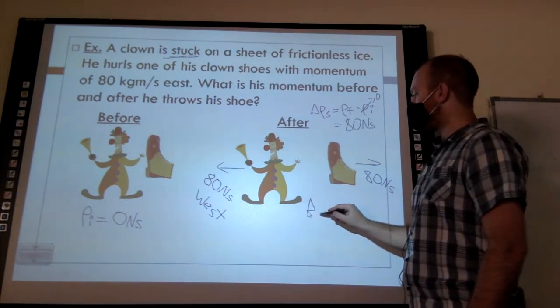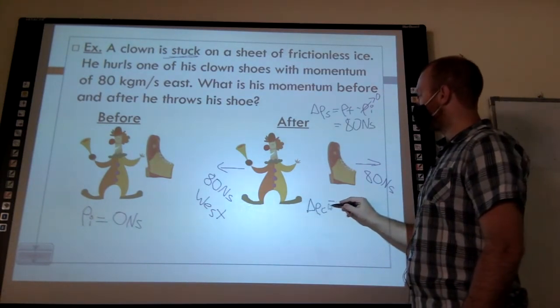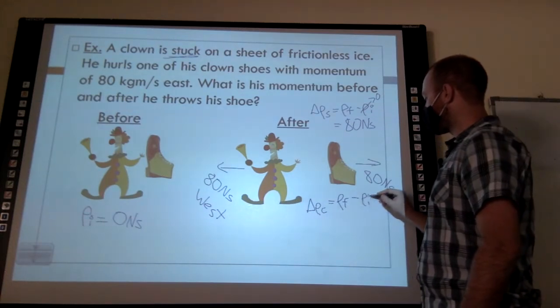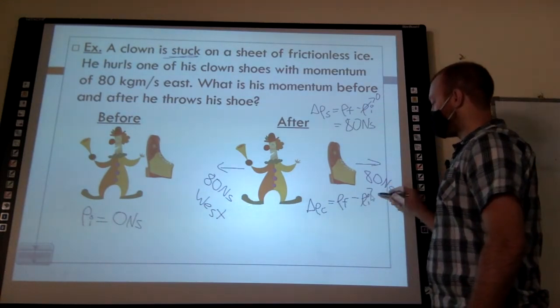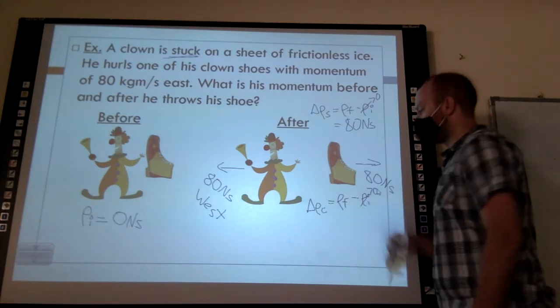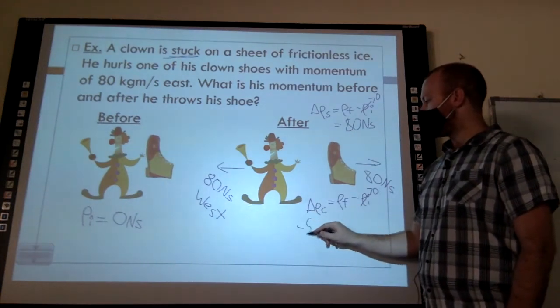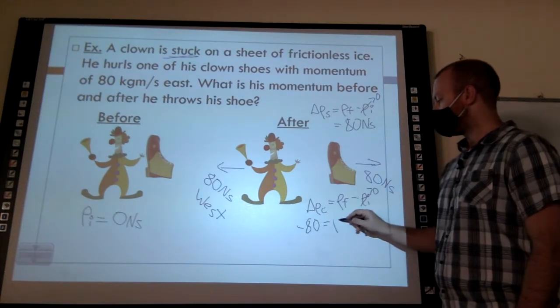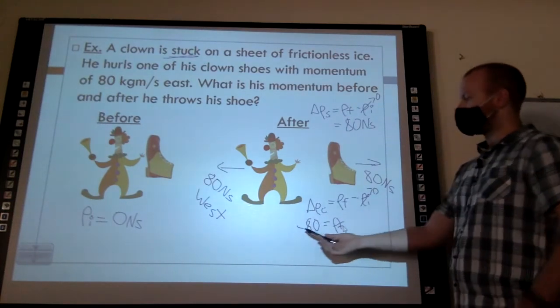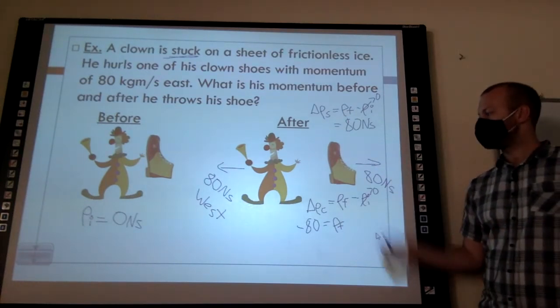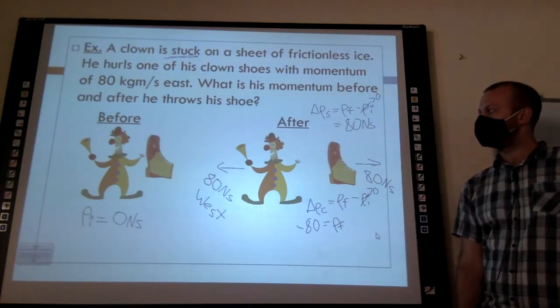The change in momentum of the clown is the same equation, except the momentum here is 0 initially, same thing. The change in momentum has got to be negative 80. So therefore, his final momentum has to be negative 80, meaning to the west. So that's where that comes from.